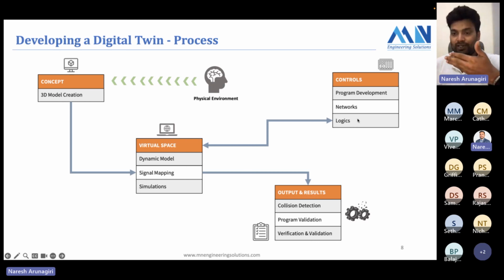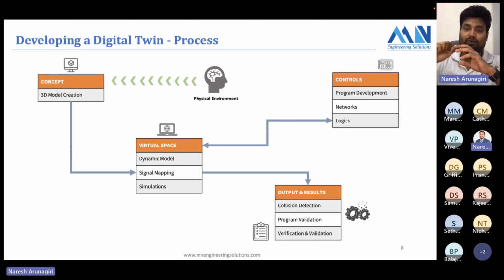We connect the networks, the logics, map it with a virtual PLC. In this machine, we use a Siemens S7-1200 PLC. So we got a digital version, using a software called PLCSIM Advanced, where you can actually have a virtual PLC.